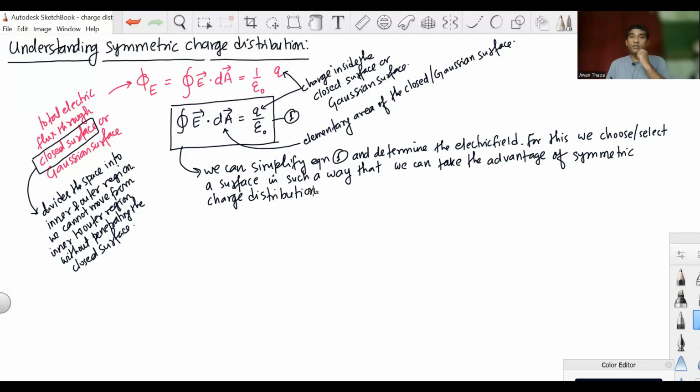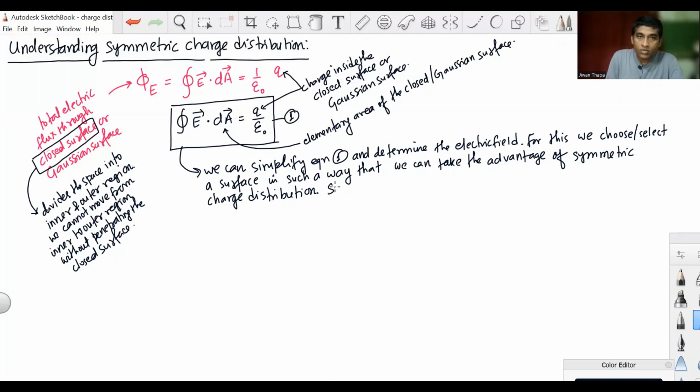Clear? So we select or choose a closed surface in such a way that we can take advantage of symmetric charge distribution.